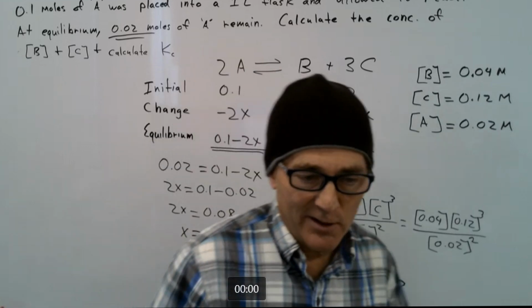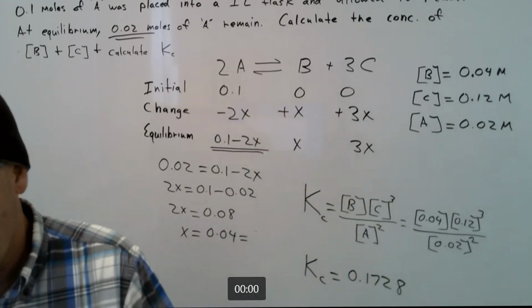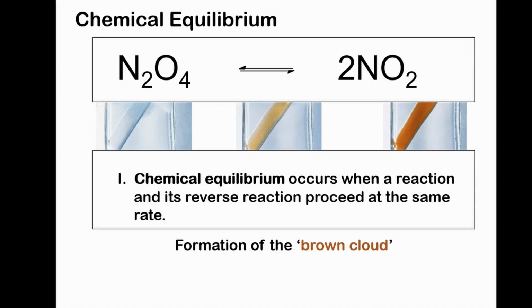Equilibrium constants are unitless. So when your car burns fuel, it sucks in lots of nitrogen because the atmosphere is about 80% nitrogen, and inside the engine it's really hot, and you form some oxides of nitrogen, and there is a bunch. So this one is N2O4, and it's clear and doesn't have any color.